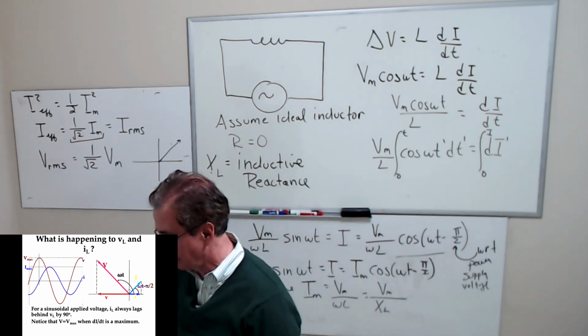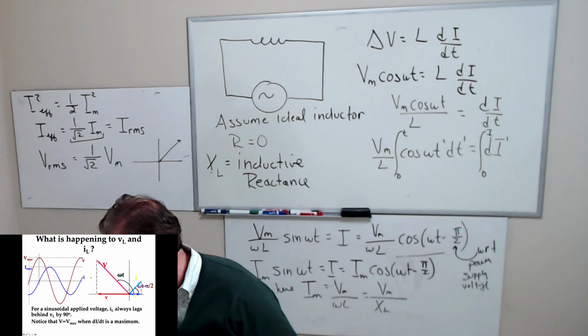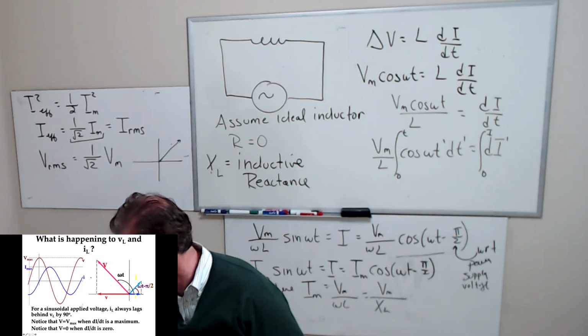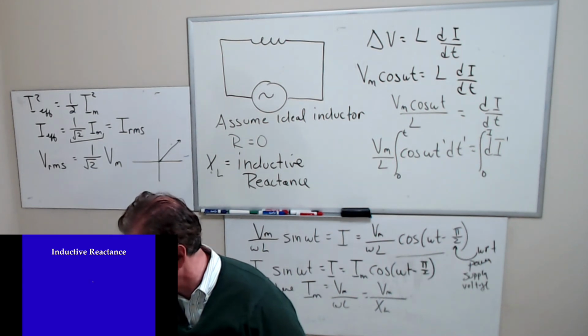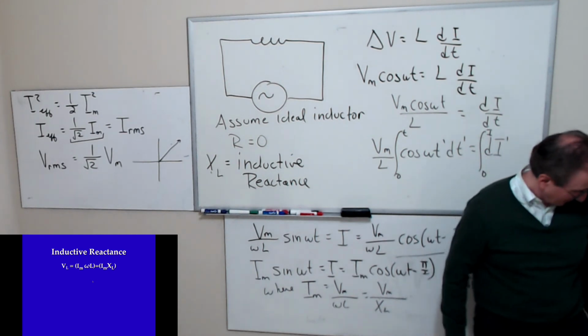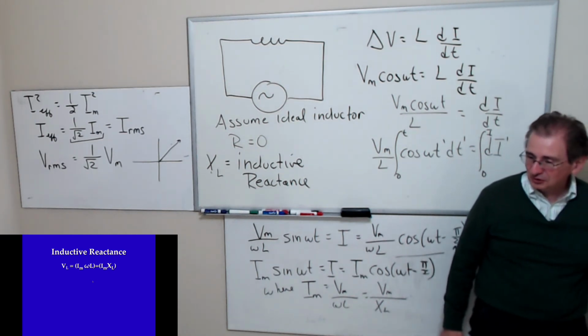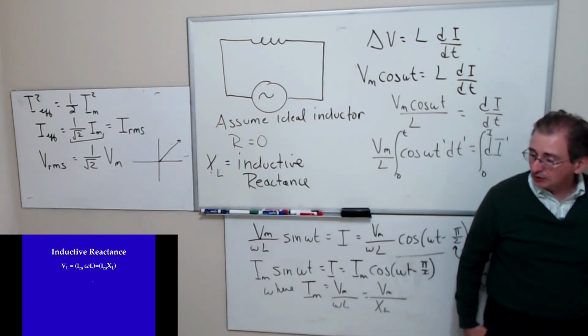Guess what's going to happen when I do a capacitor? We'll see what a capacitor does. So V sub L is the voltage across the inductor.